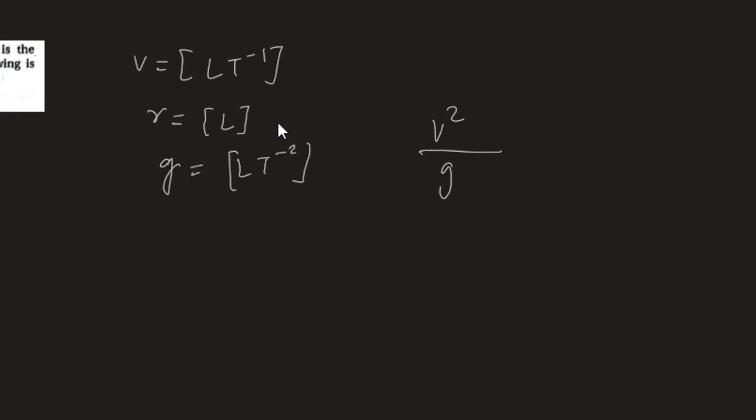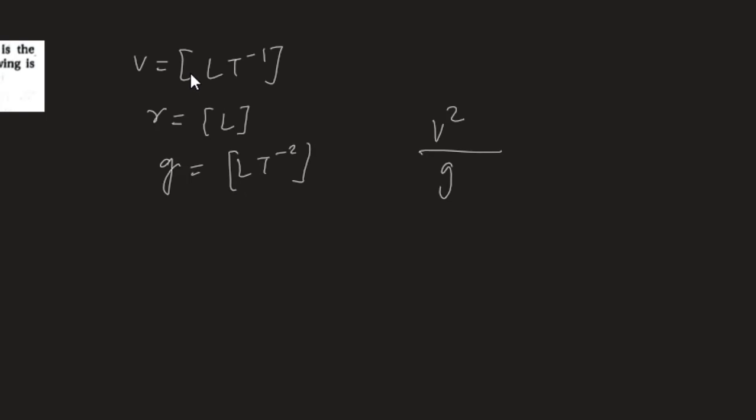Now I have to cancel the length part, right? In g I have L, and if I'm writing v square, I'm getting L square.